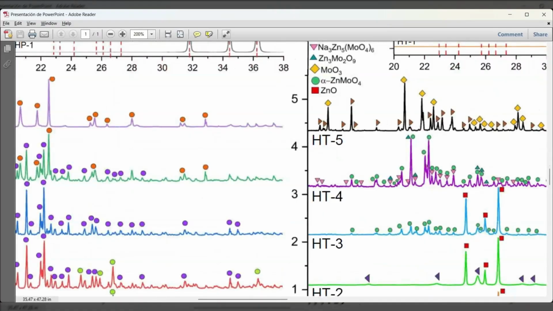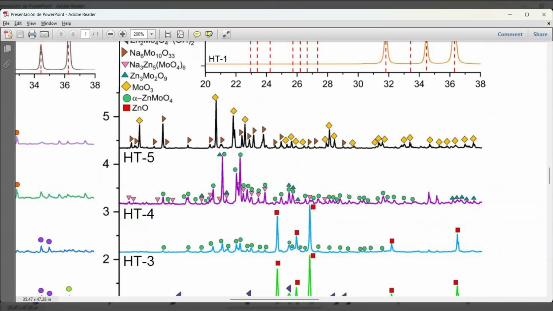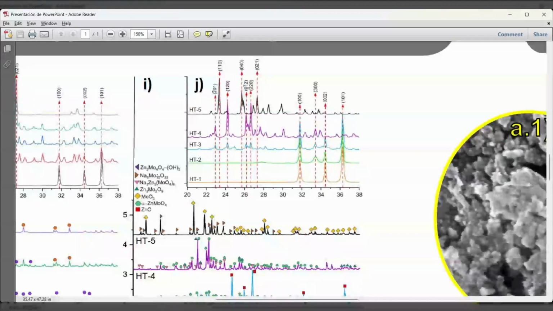Finally, HT5 no longer contains the zinc molybdenum related phase and instead shows alpha molybdenum oxide together with the molybdenum sodium phase. The results demonstrate that the hydrothermal method produces a more complex phase evolution, which can be associated with the chemical environment generated during the hydrothermal reaction.